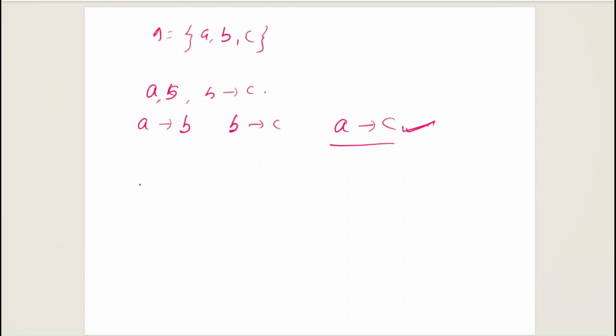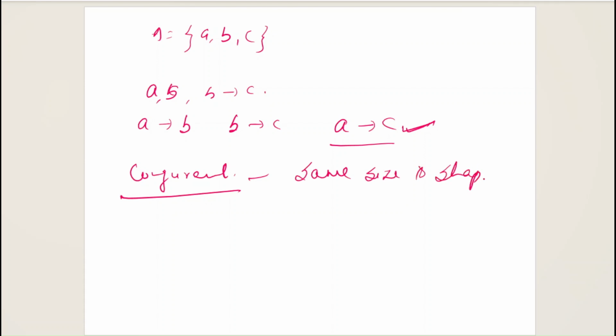Congruent triangles means the triangles which are of the same size and shape, right?